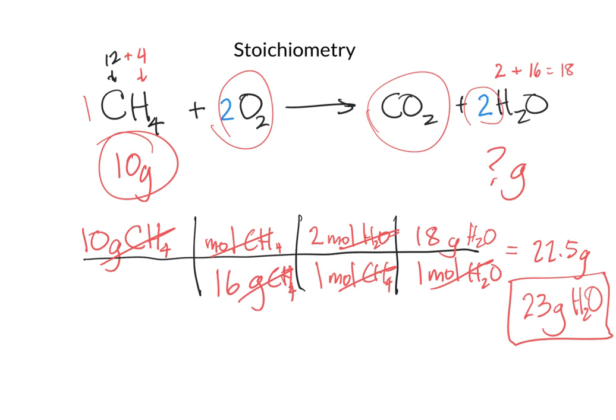I would use the same method and go about it the same way. I can determine the amounts of anything in the reaction that I want to, just by using some dimensional analysis.